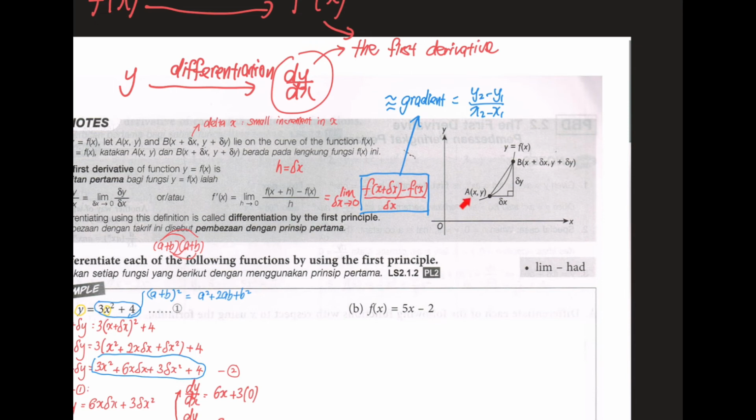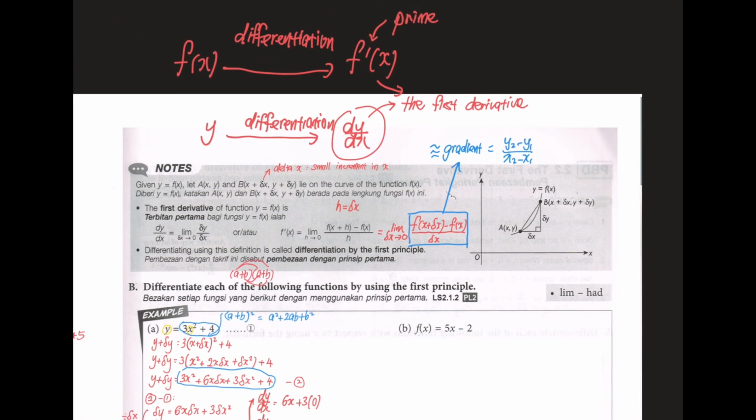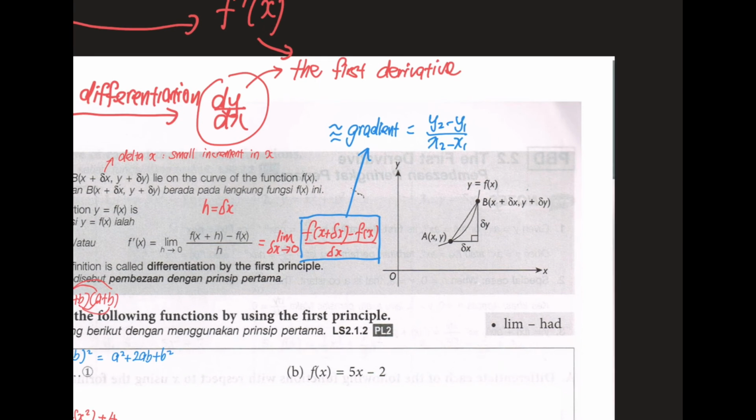You have point A, (x, y). Since they don't use y, they use f(x). y is basically f(x). They don't want to use y, so I just change it to a point (x, f(x)).